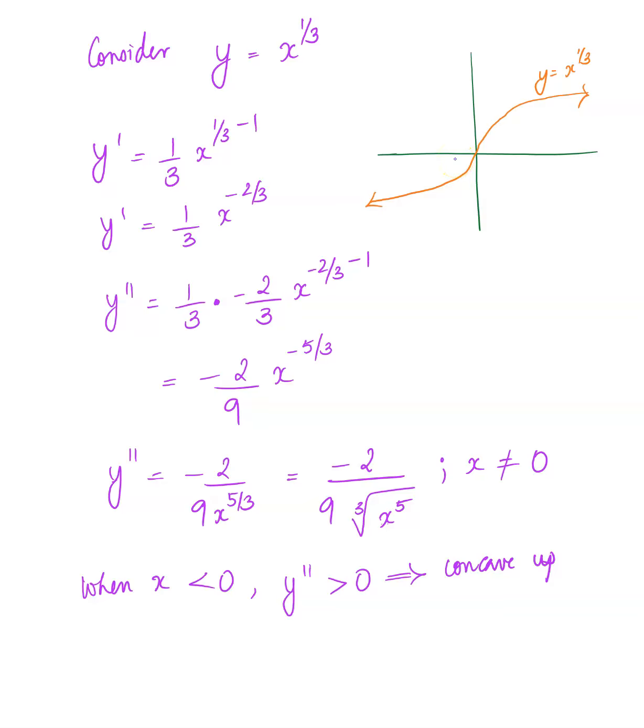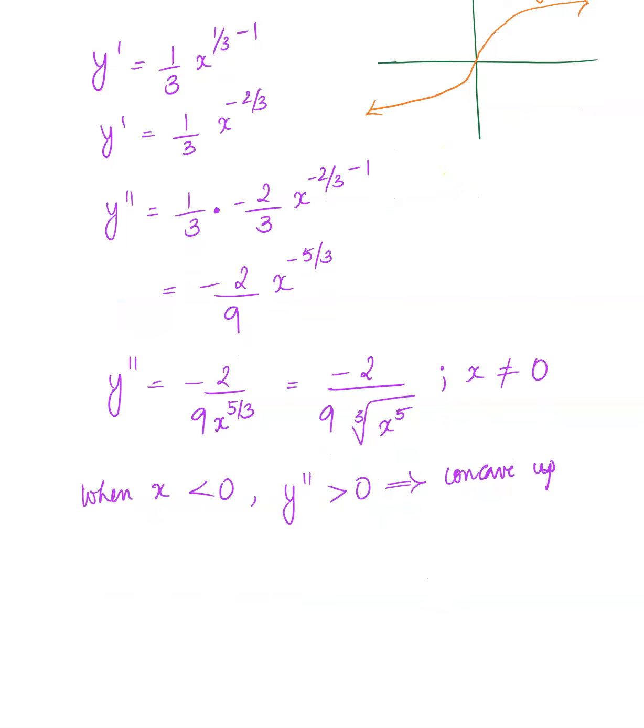It's got the upward look. And then x positive means x power 5 will also be positive. Cube root of a positive number will be positive. But this fraction has a negative sign, so y double prime will be negative, which implies it's concave down.